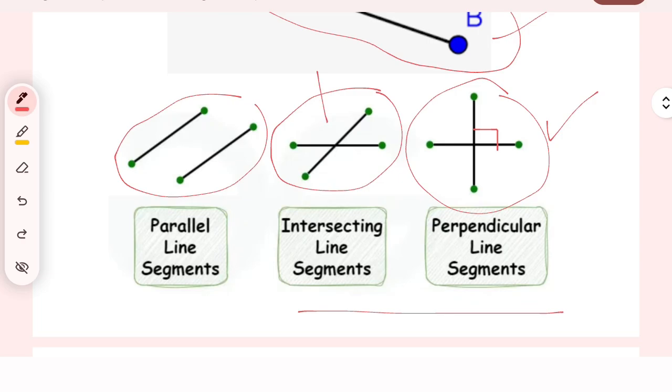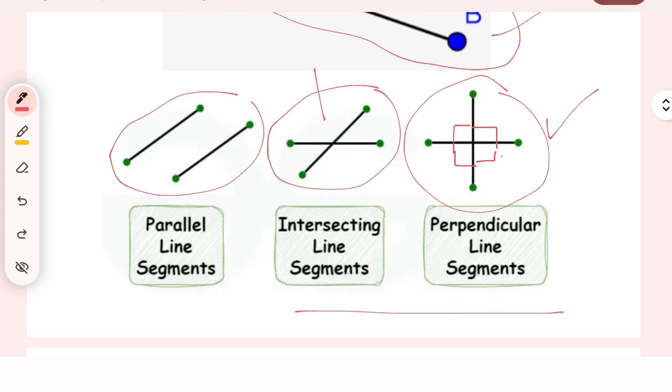The last one, they intersect at 90 degrees. That means those two lines are perpendicularly intersecting each other. That's 90 degrees on one side, 90 degrees here, and 90 degrees on the other side. So those are perpendicular line segments.